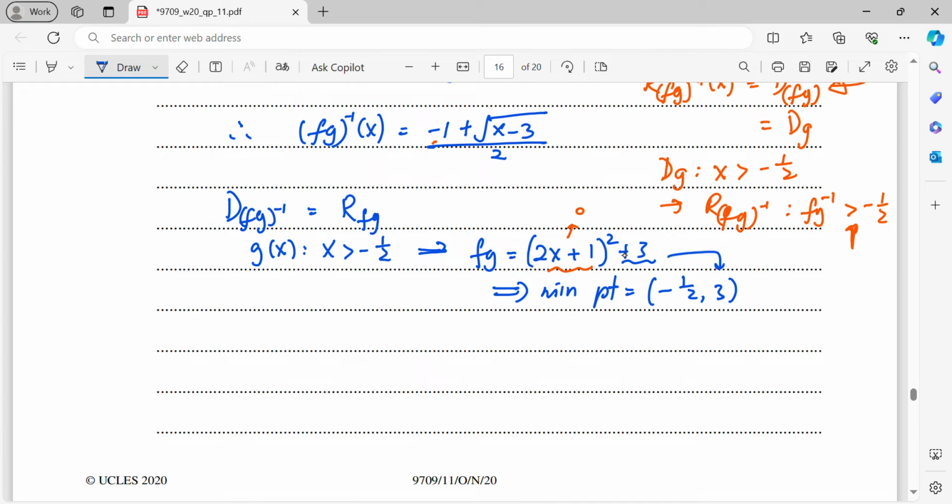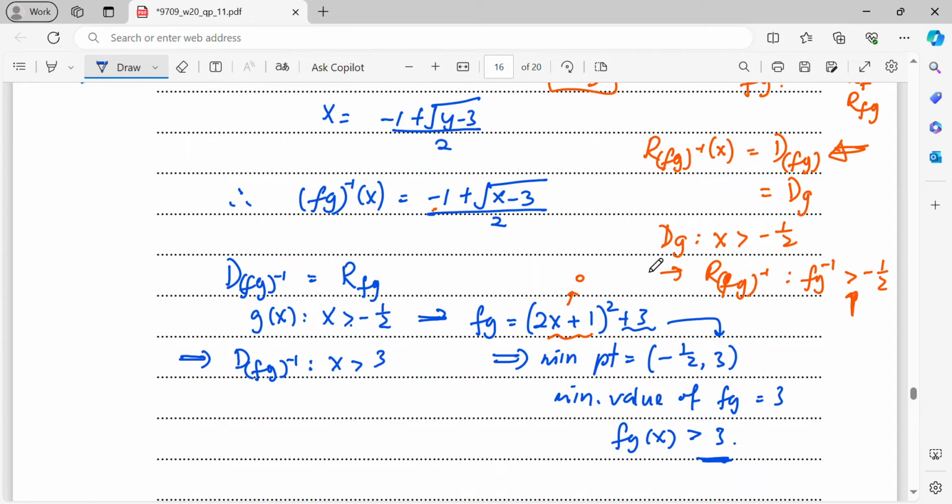So it means that my minimum value is 3. In other words, my fg will be greater than 3. There's no equal sign because this does not include. So from here, I will say my domain of fg inverse is basically same as range of fg. So just copy this result, but change the fg to x. So it will be x greater than 3. So that's the explanation to get the domain of fg inverse.